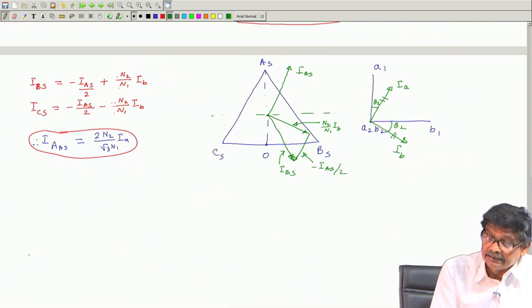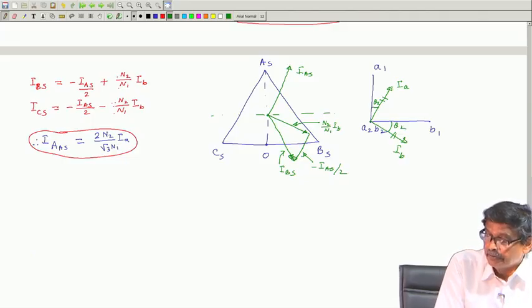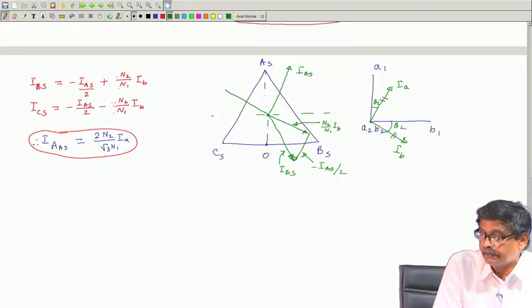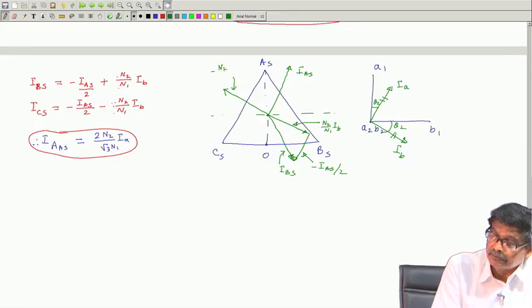Similarly, ICS is N 2 by N 1 into IB, negative of that. So, N 2 by N 1 into IB has already been drawn. So, negative of that, this length is minus N 2 by N 1 into IB, and to this I have to add minus IS by 2.